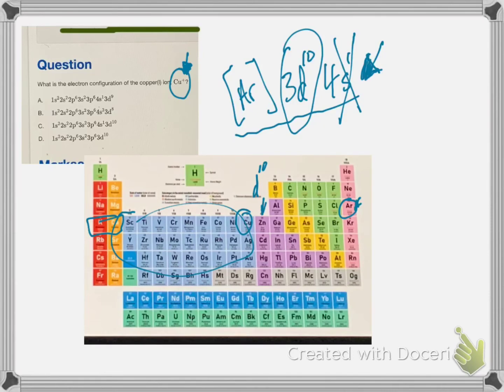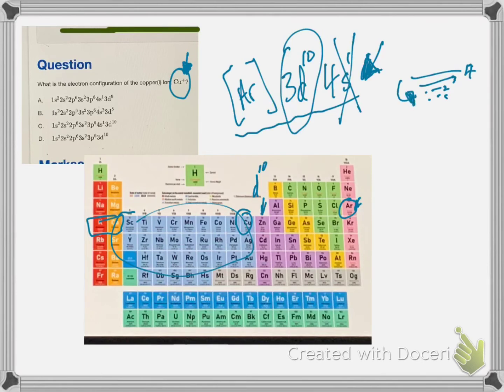Removing one electron from the 4s subshell is easier than from the d orbital, because the 4th energy level is higher than the 3rd, the 3rd is higher than the 2nd, and the 2nd is higher than the 1st.